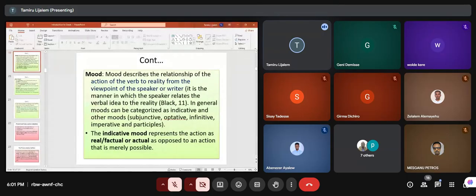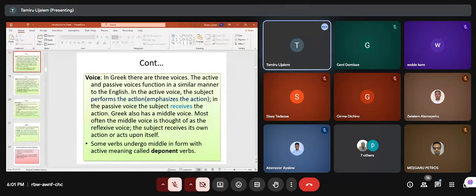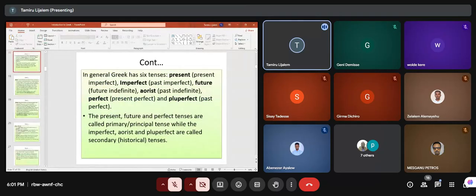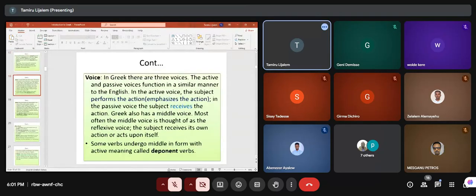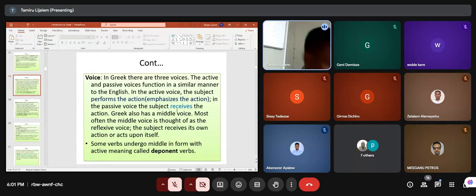We can do that in each part of the lesson, because each part has different components or nuances.